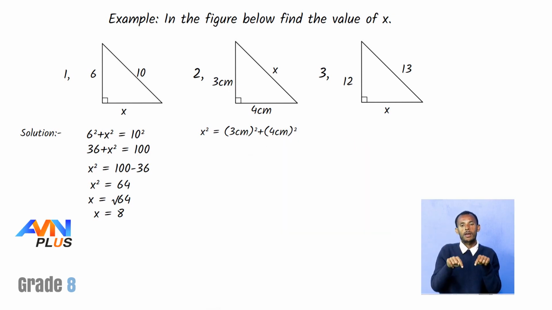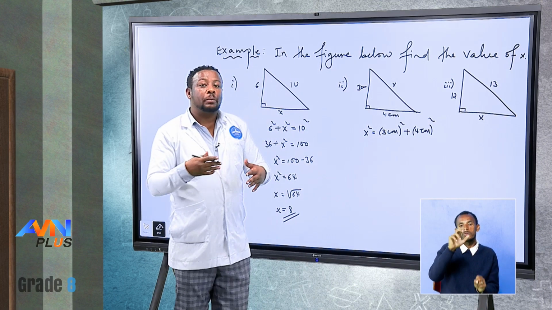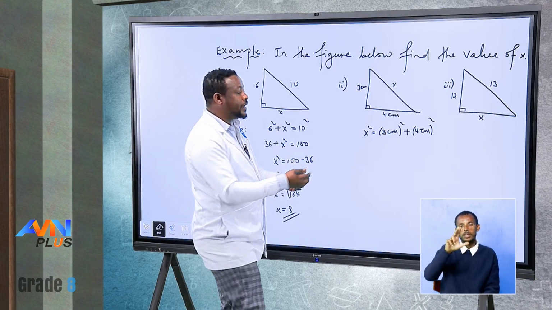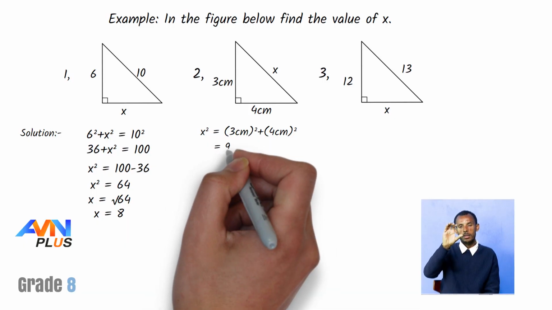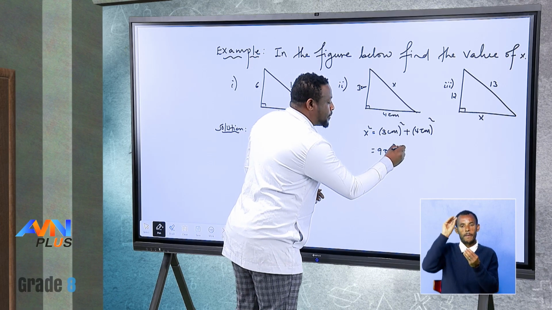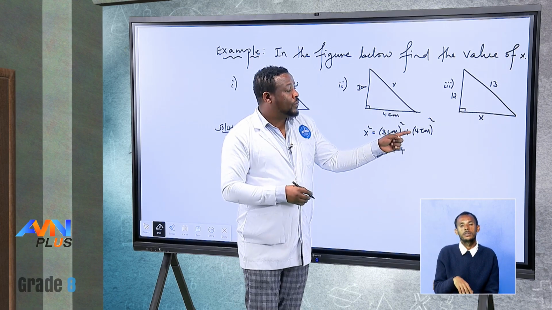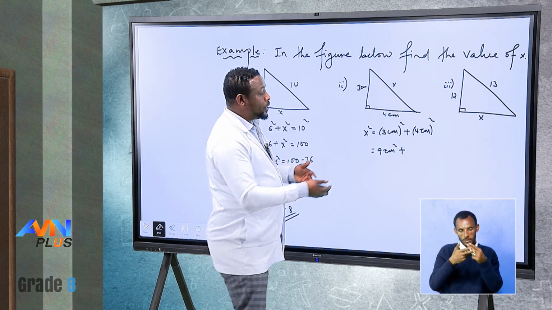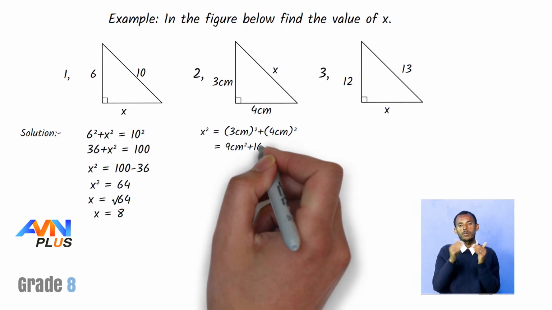So 3 centimeter square means 3 centimeter times 3 centimeter, which is 9 centimeter square. Plus 4 square means 4 times 4, so it becomes 16 centimeter square.